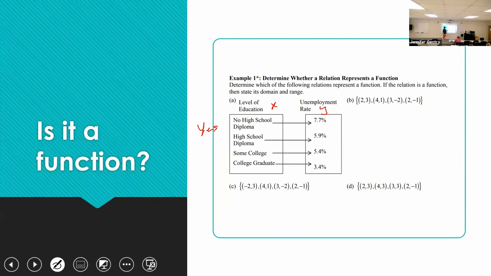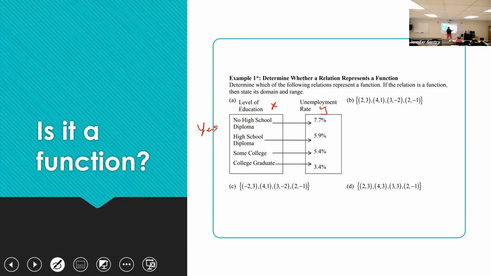Okay. So B, a set of ordered pairs, right? We've got (2, 3), (4, 1), (3, -2), (2, -1). Is that a function? Mary Mac says yes. Why? Because they all have 1, like each x. Actually, wait.